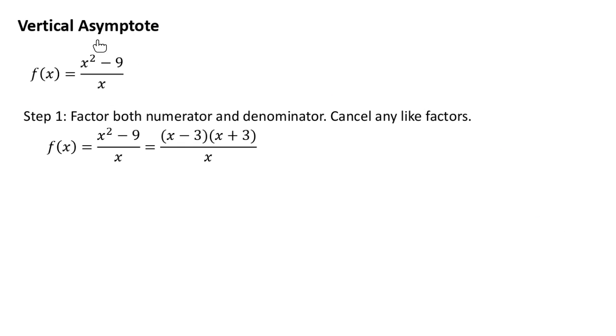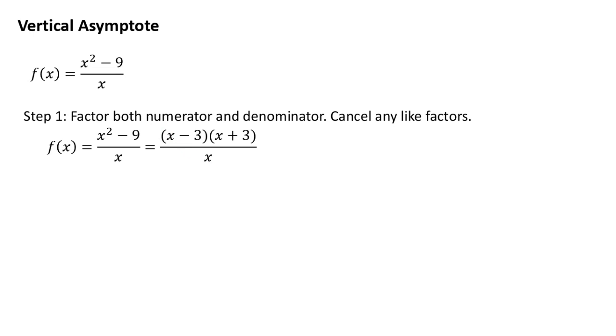Okay, so now let's look at the asymptotes. First step, factor. So x squared minus 9 is the same as x minus 3 times x plus 3, divided by x. So can I do this? Because my next step is to cancel any like terms. Can I do this here? No, right? I cannot do that because the x minus 3 is together as one whole unit.